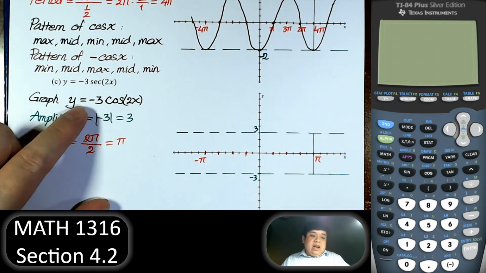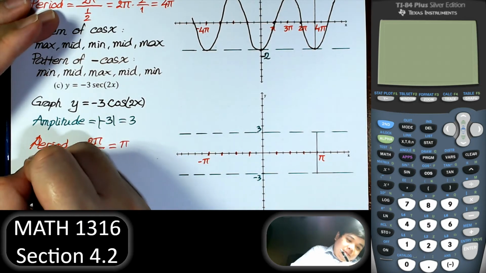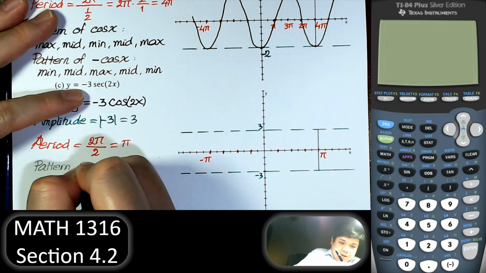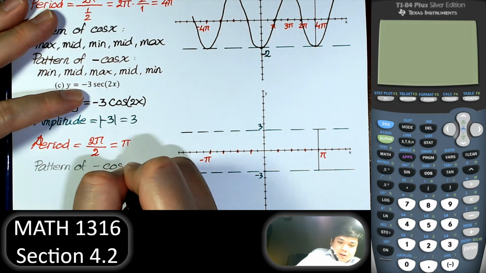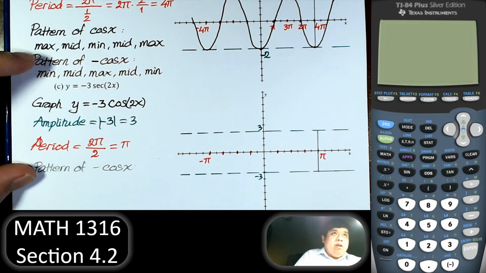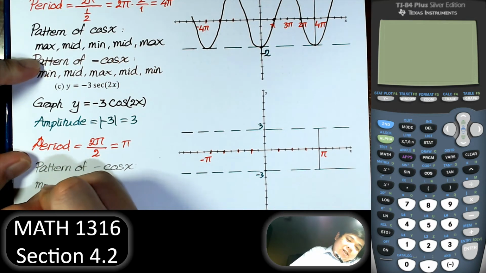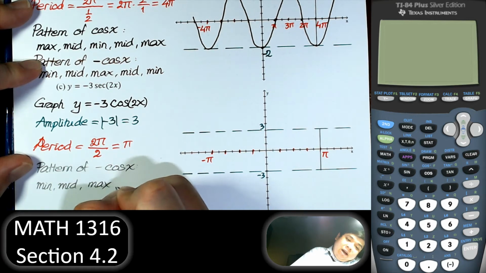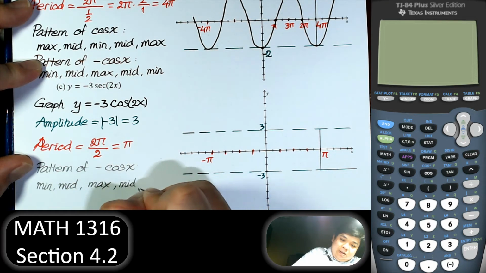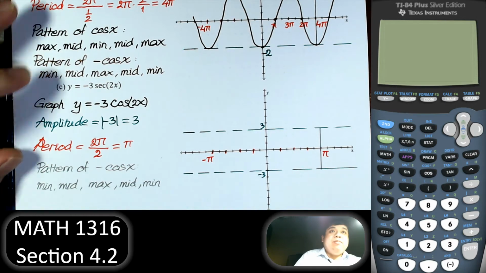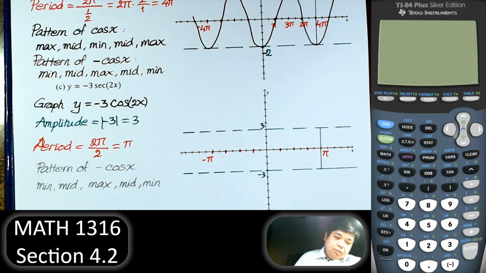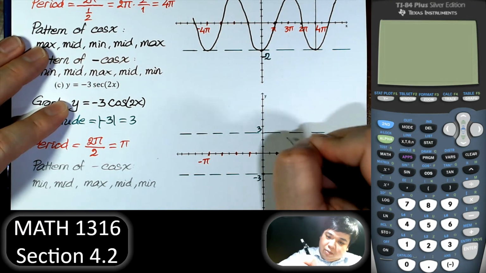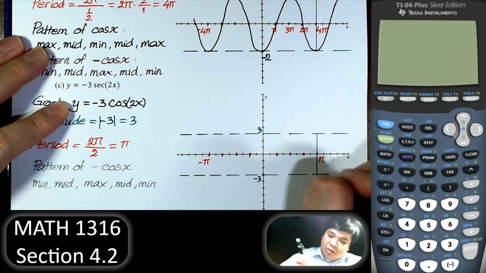And the pattern of negative cosine, I'm just going to copy from there: minimum, middle, max, middle, and min. So minimum, middle, max, middle, min.